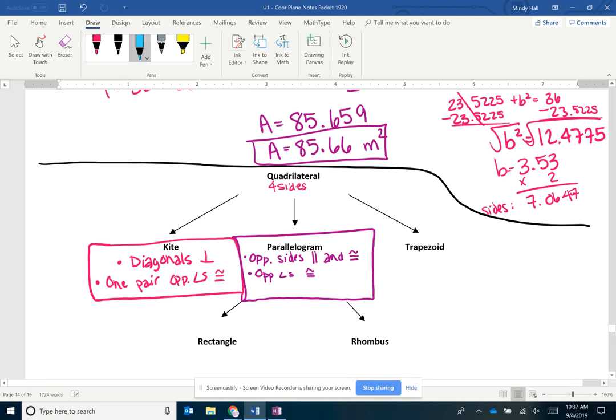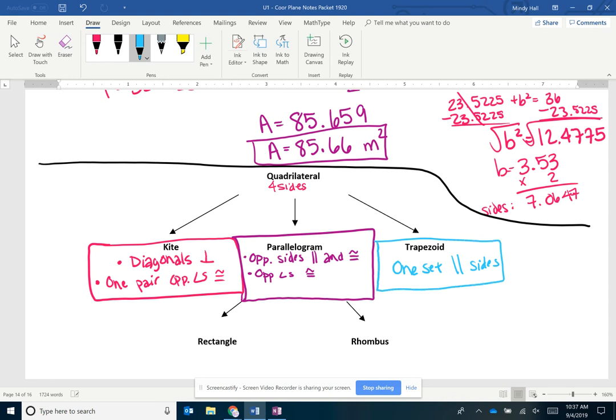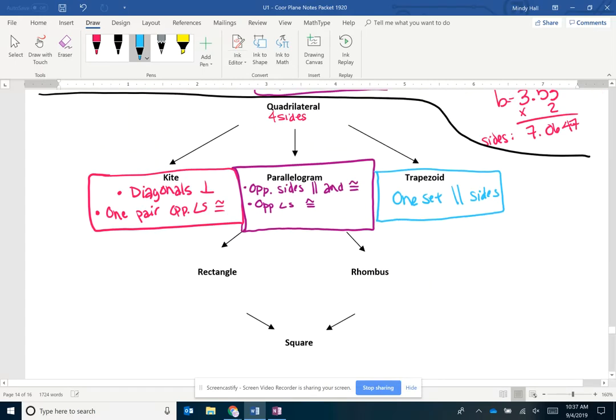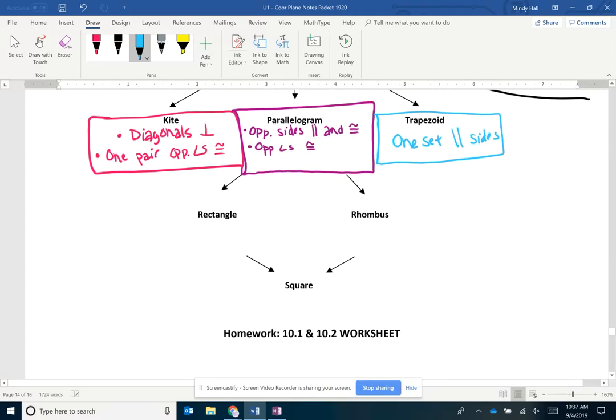Okay, so then trapezoids will make blue. Trapezoids have one set of parallel sides. They don't get much for trapezoids. Okay, so then rectangles, you're probably a bit more familiar with. With rectangles, they have 4 right angles. And your diagonals are congruent.